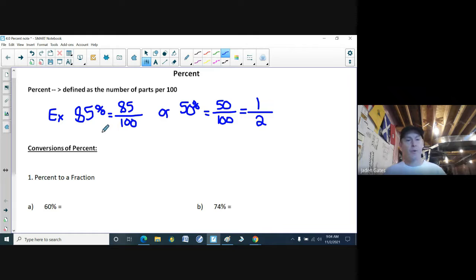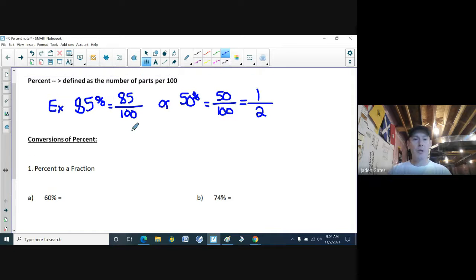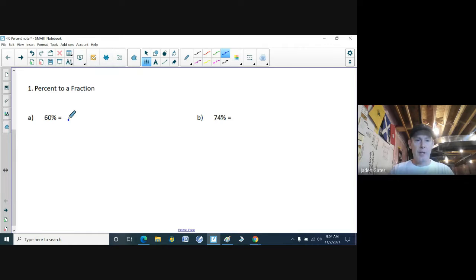In fact, what we're going to look at next is the conversions of percent. The first one is percent to a fraction. When I'm converting it, I'm going to use the definition: it is the number of parts per 100. So if I have 60%, that is saying I have 60 parts out of 100.